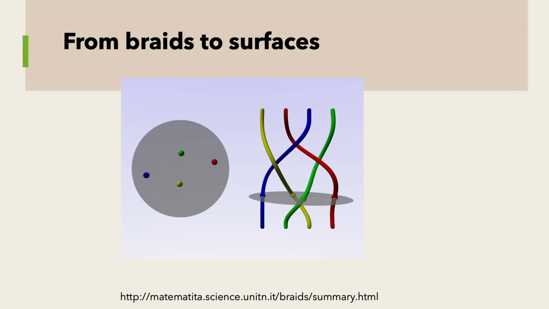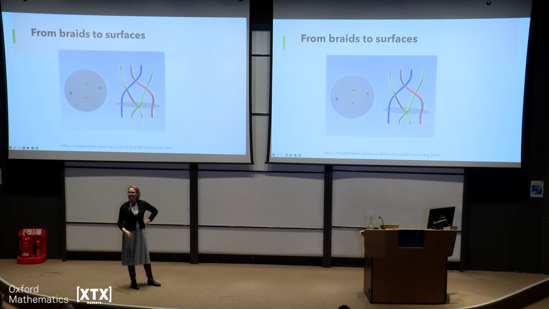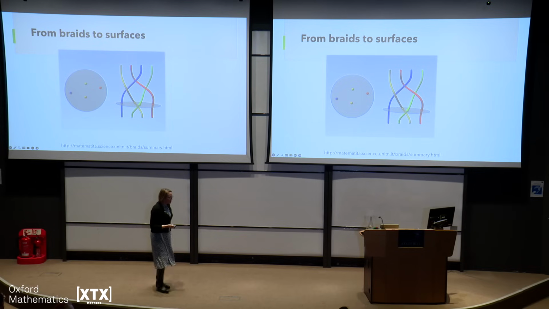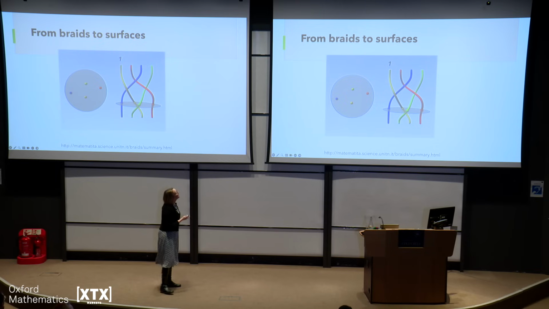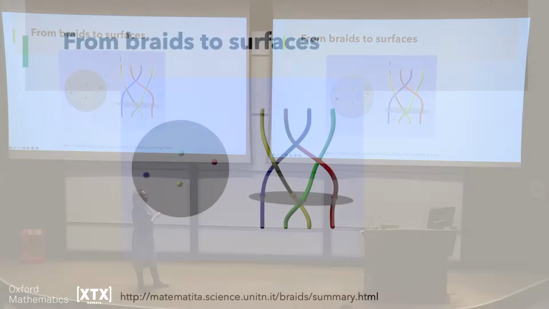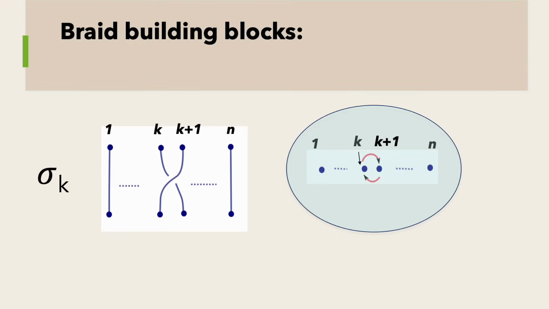And at each such slice, I'm going to get a picture like the one on the left here. Okay? So braids are just recording motion in a plane. Or if I want to do something finite, in a disk. Right? Oh, I put labels on them. Sorry, forgot that. Okay. So let's go back to braid building blocks.